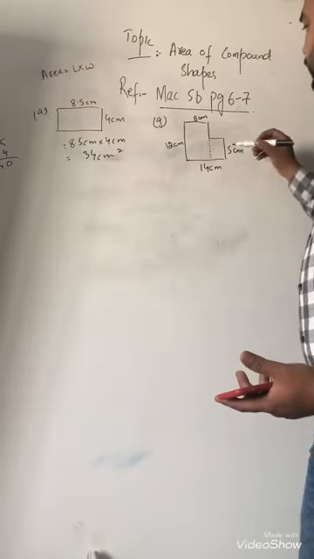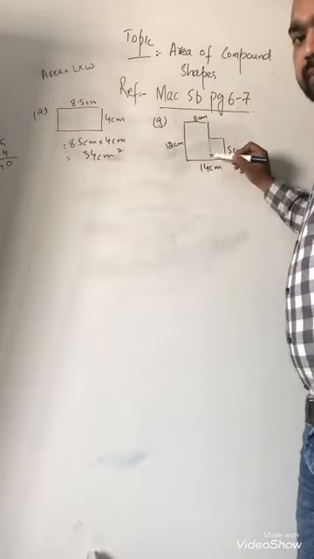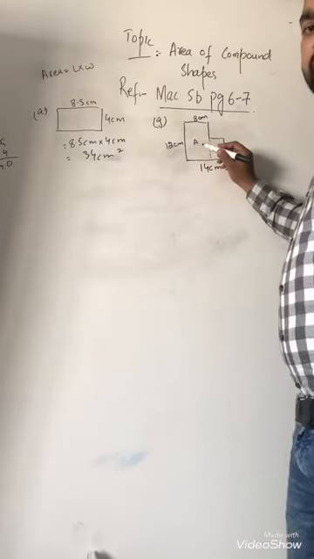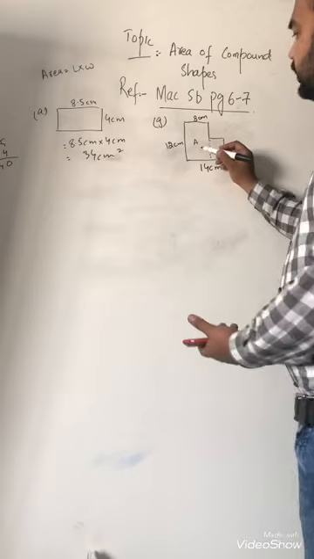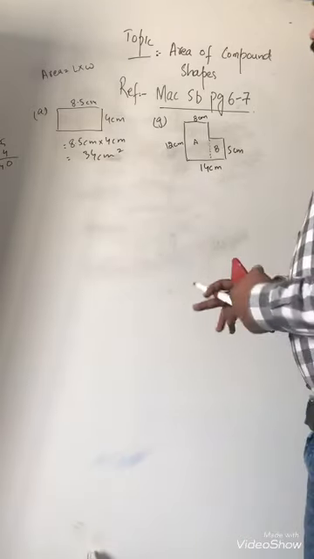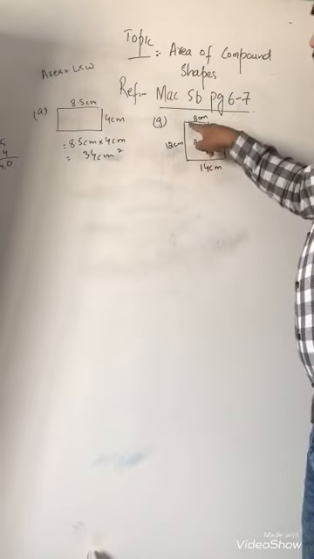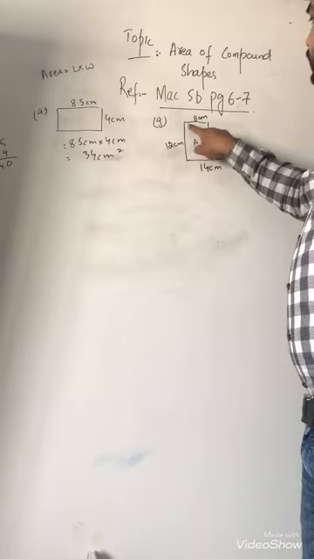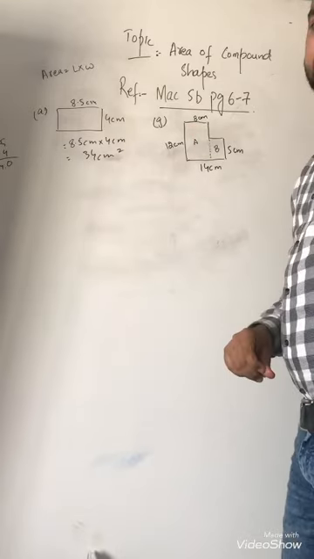But let's see, I have divided this shape, and this is also a rectangle, this is also a rectangle. Now I'll name this area as A and this area as B. For area A, the length is given to you, that is 12 centimeter, and the width is also given to you, that is 8 centimeter.